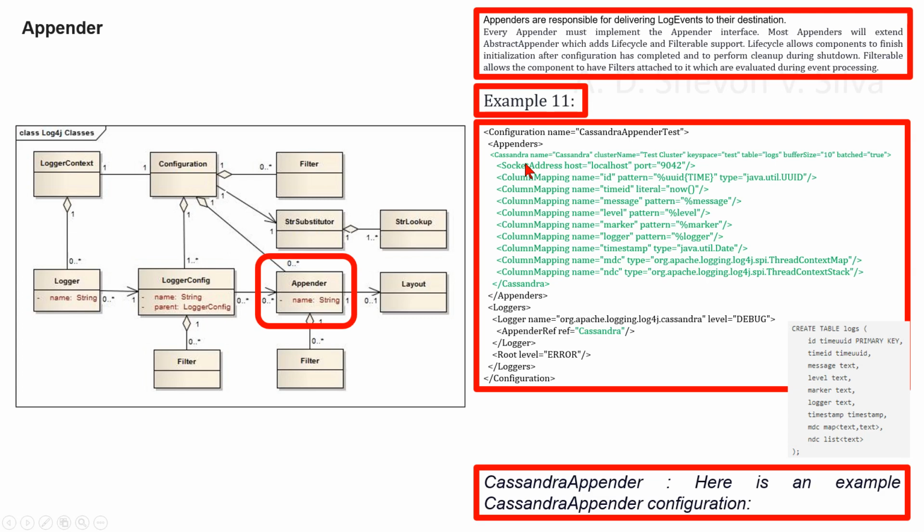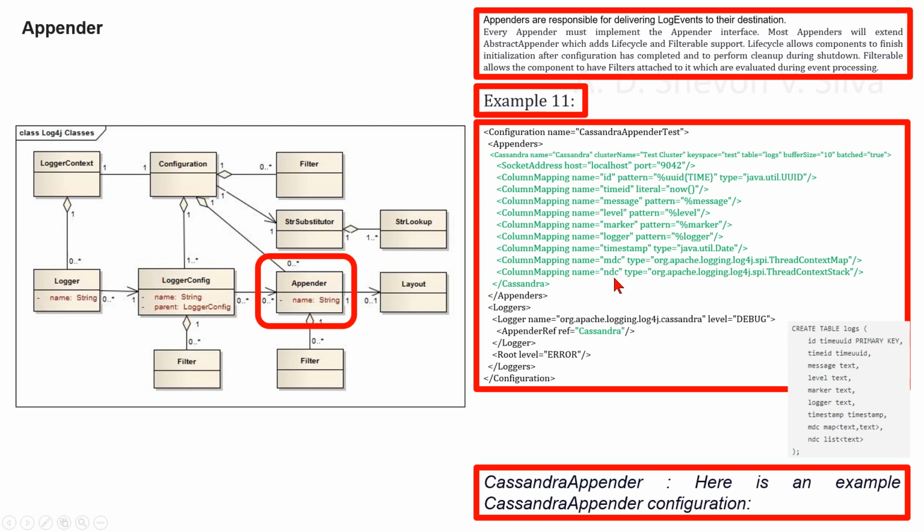that is a pattern layout, along with an optional conversion type. Only conversion type org.apache.logging.log4j.spi.ThreadContextMap or org.apache.logging.log4j.spi.ThreadContextStack can be used to store the MDC or NDC in a map or list column respectively.